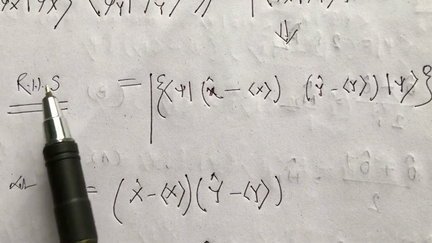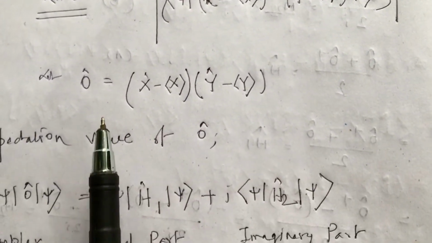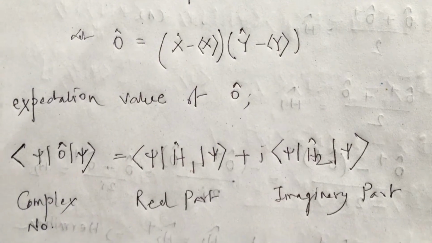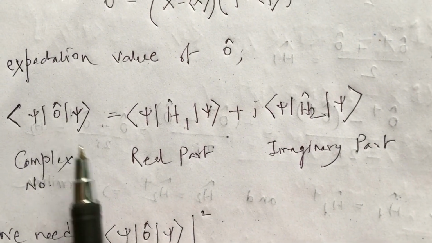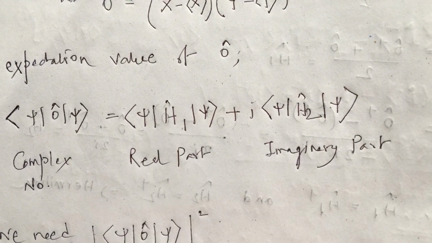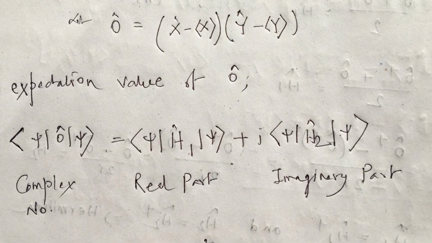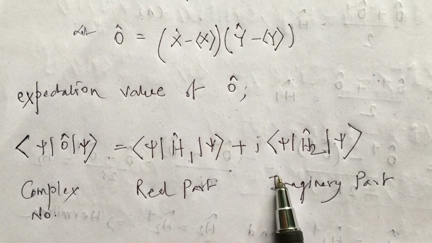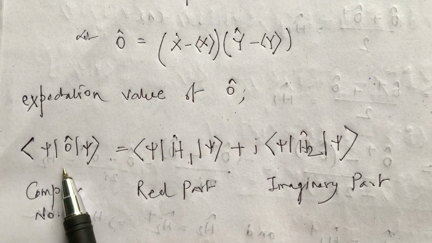And now I am calculating only the right hand side, which is the expectation value of this O operator. And any operator O can be written as linear combination of two Hermitian operators. I have just shown that in my problem video. So right hand side is basically mod square of this expectation value.